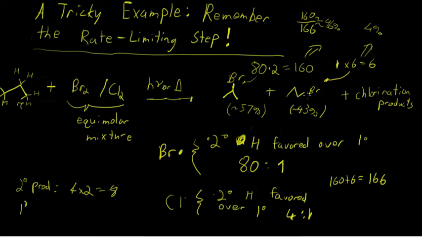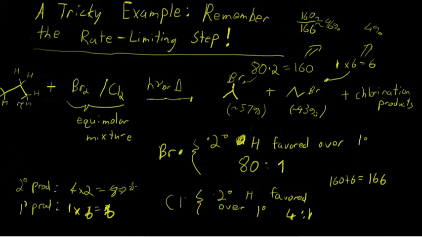And you have 6 primary hydrogens whose abstraction would lead to this product. So these 3 on this carbon and the 3 on this carbon. And that relative reactivity is 1. 1 times 6 is 6.